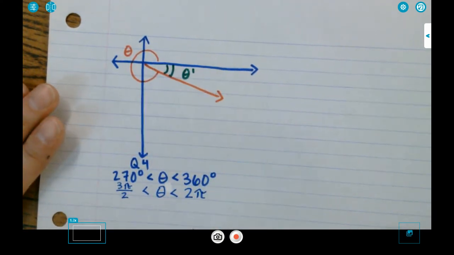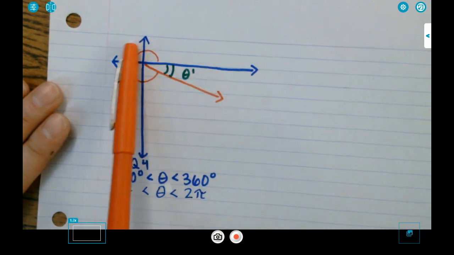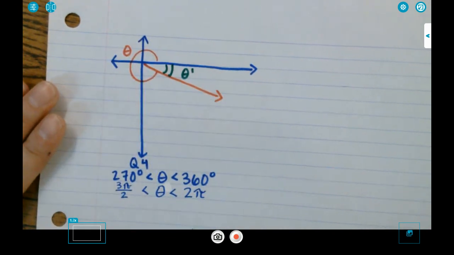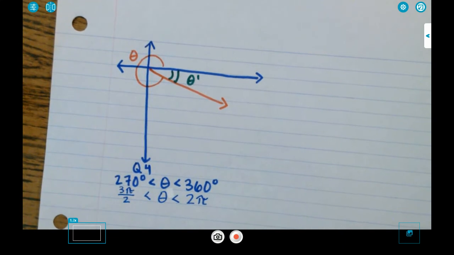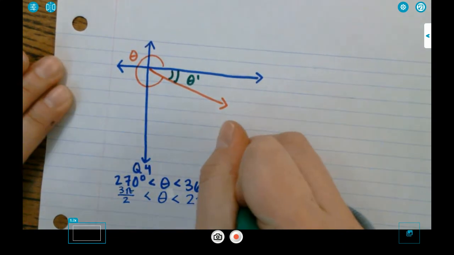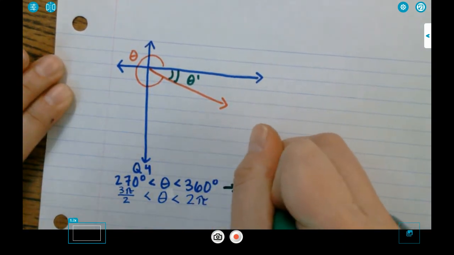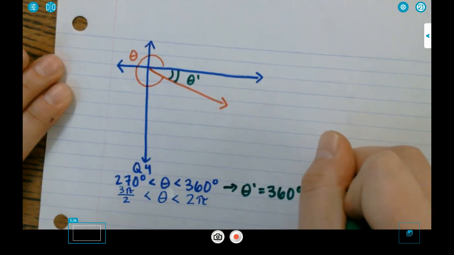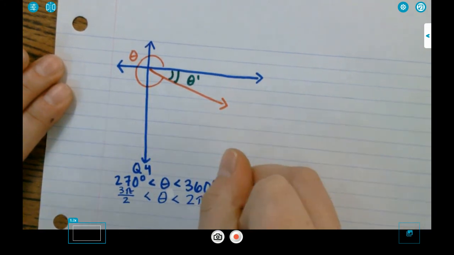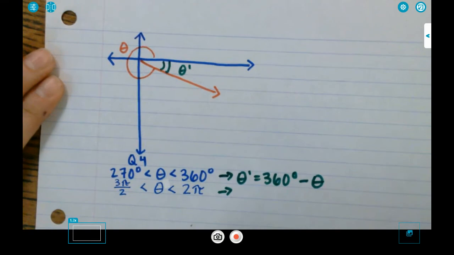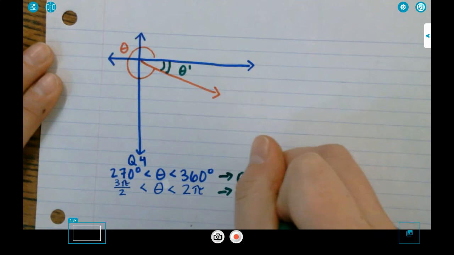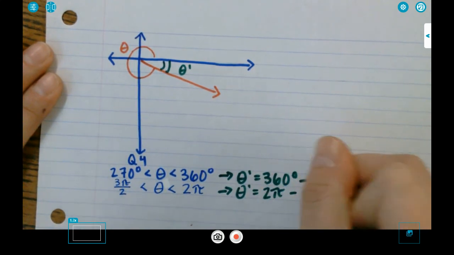So then we can just do 360 minus this whole big guy, and that will be that little guy. So that is our rule. Yes, we use 360. So our rule is that theta prime equals 360 degrees minus theta, or in radians, theta prime equals 2 pi minus theta.